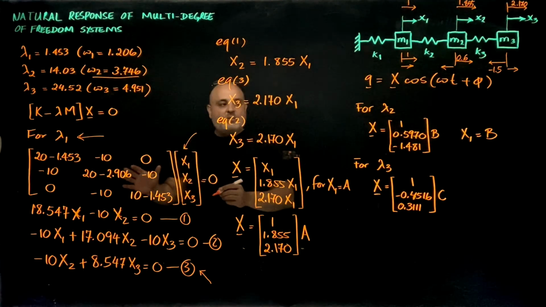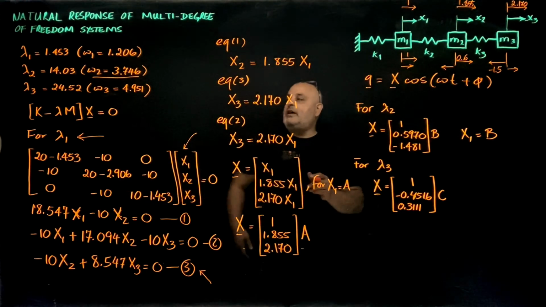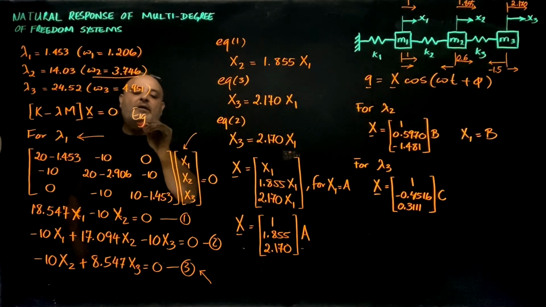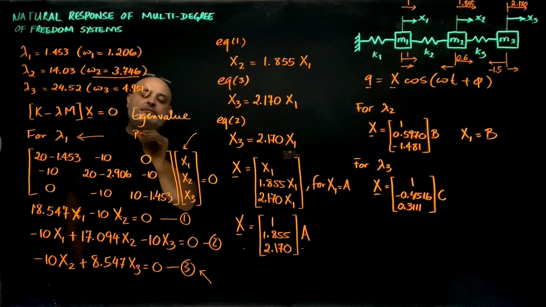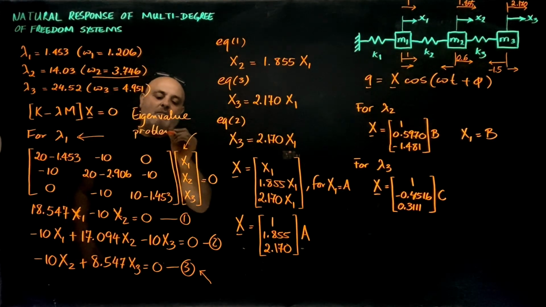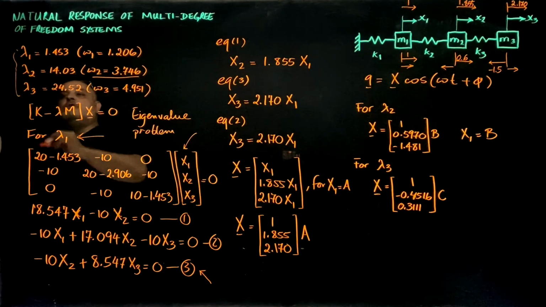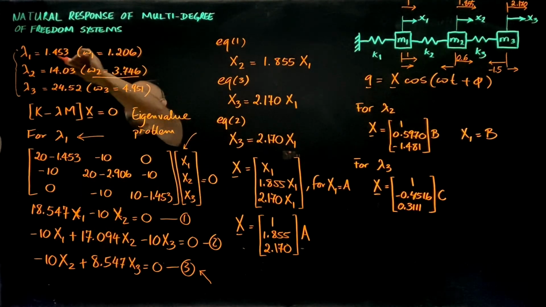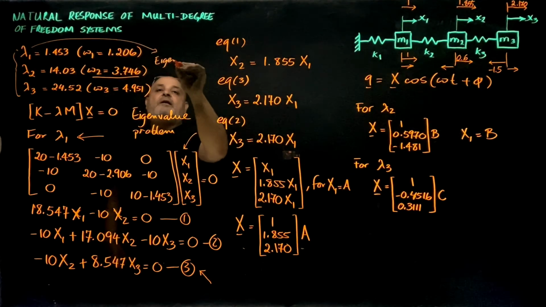Now, these three values for lambda, since this is an eigenvalue problem, the lambdas are known as the eigenvalues. Okay. Lambda 1, lambda 2 and lambda 3 are the eigenvalues.